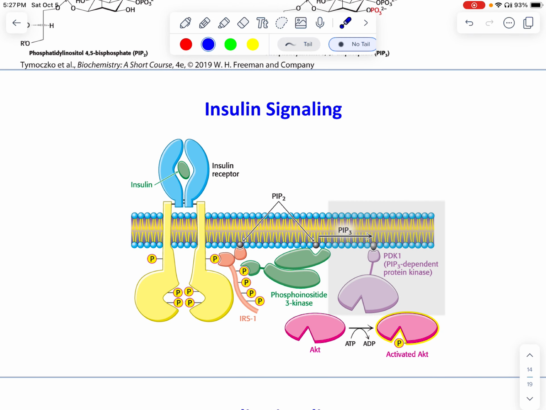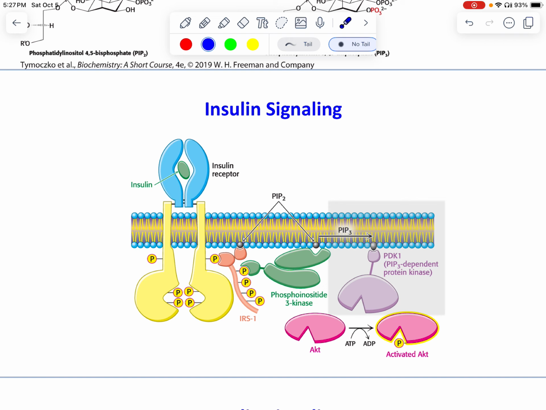As that happens now, this molecule can bond to it. So PDK1, PIP3 dependent protein kinase, yet another kinase, right? Here's our kinase cascade. So we've got yet another kinase that's bonding to this, and when it's bonded, it activates this kinase.